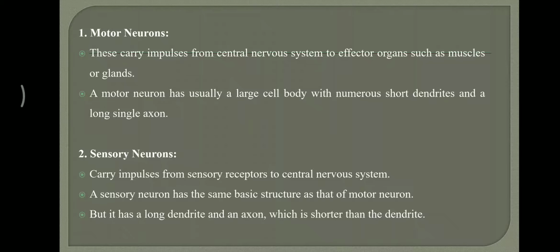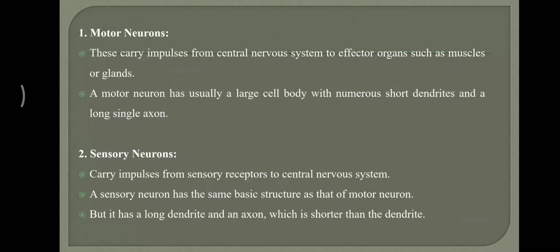They carry impulses from central nervous system to effector organs such as muscles or glands. The structure of motor neuron: we can see a large cell body with numerous short dendrites and a long single axon.